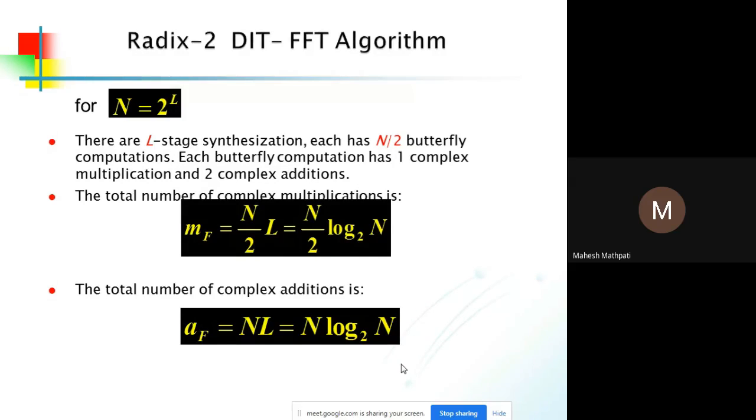This is the formula. Can you remember these formulas? You may expect these as an MCQ question also. The total number of complex multiplications required for DIT FFT, or the total number of complex additions required for DIT FFT, you need to calculate with the formulas.